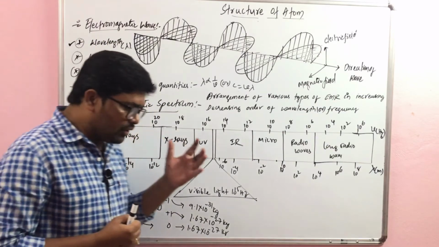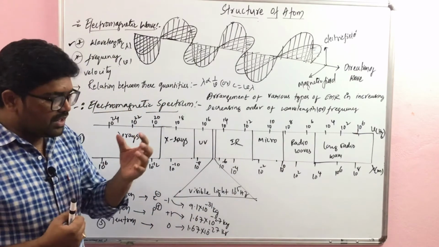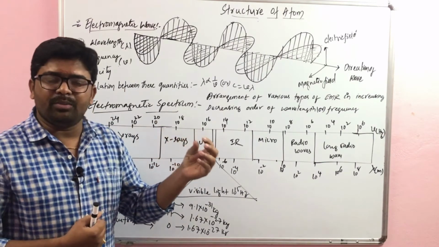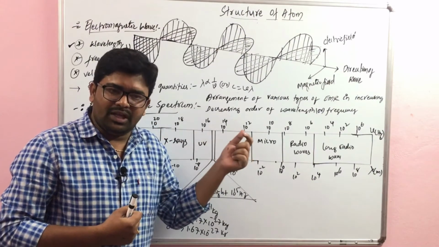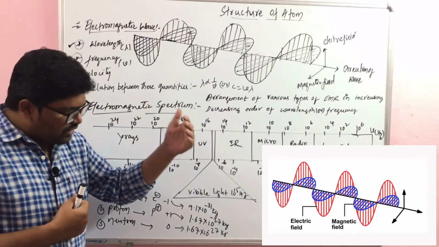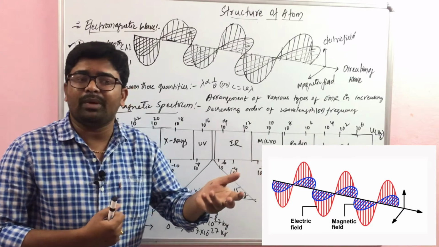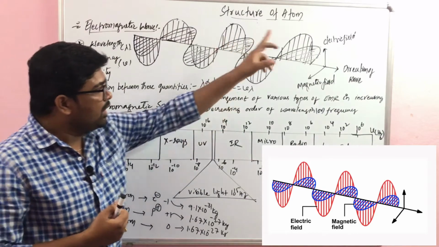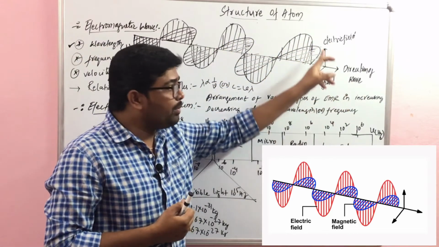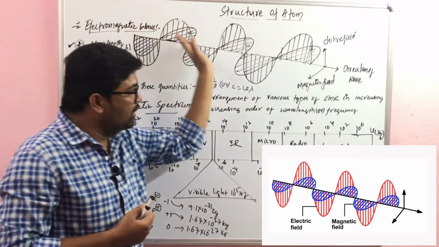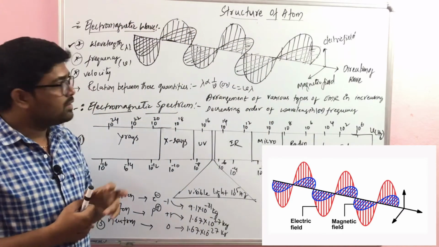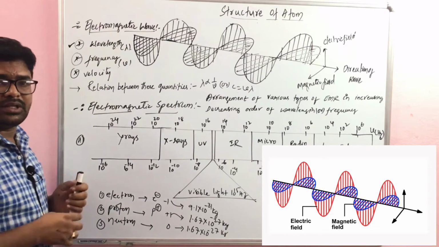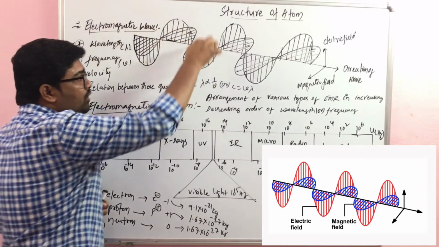So what is actually an electromagnetic wave? When a charged particle like an electron vibrates, what happens? An alternating electric field is produced.